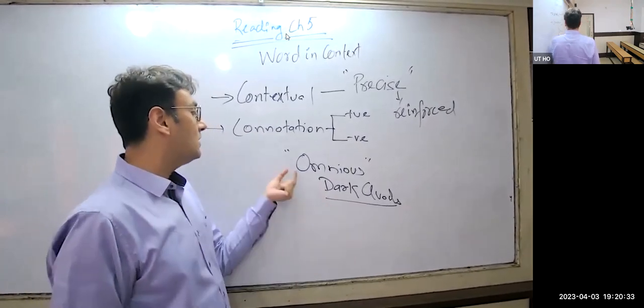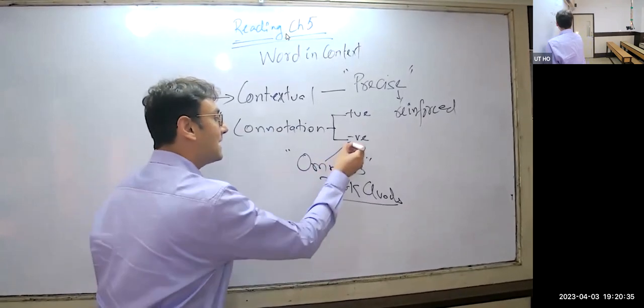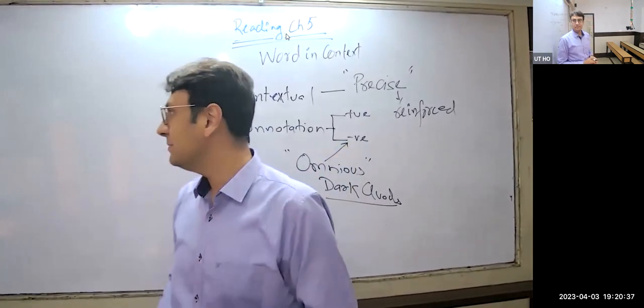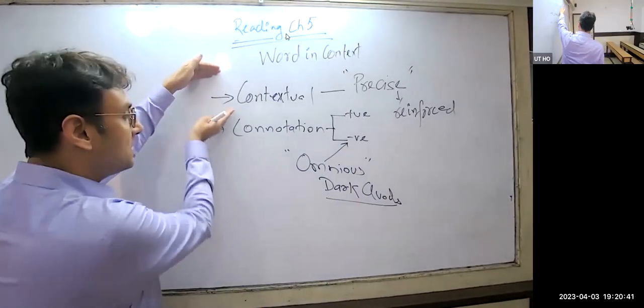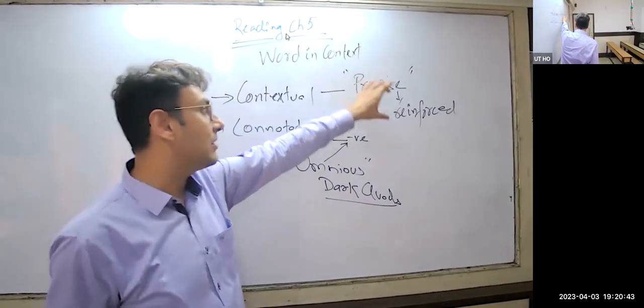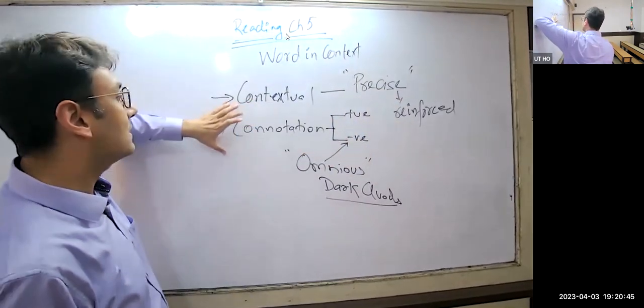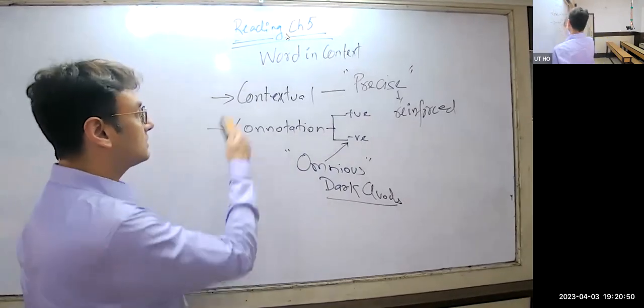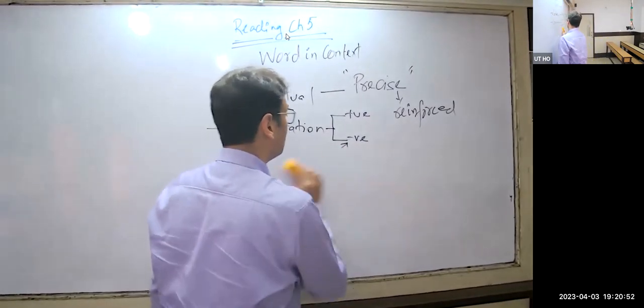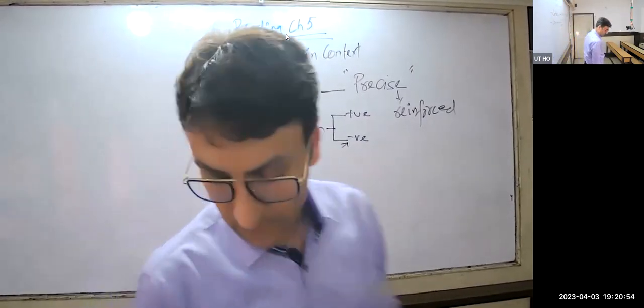So for sure, ominous has a negative connotation, right? These 2 things, the contextual meaning, looking for the precise meaning that reinforces the theme of the passage, and connotation, positive or negative sound with respect to the context, will help us solve such problems.